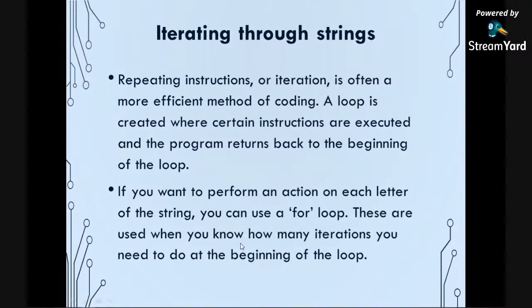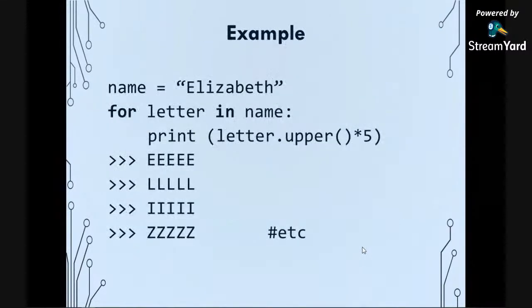or when you don't know how many iterations you need to do at the beginning of the loop, because sometimes you might think, well, I don't know how many letters there are in this. So you can say, for letter in word, or whatever. This is an example here.